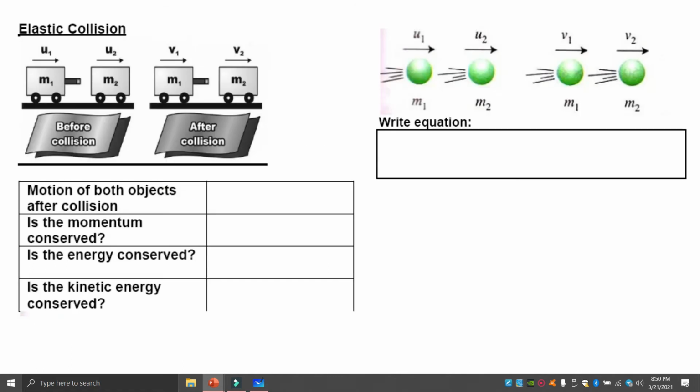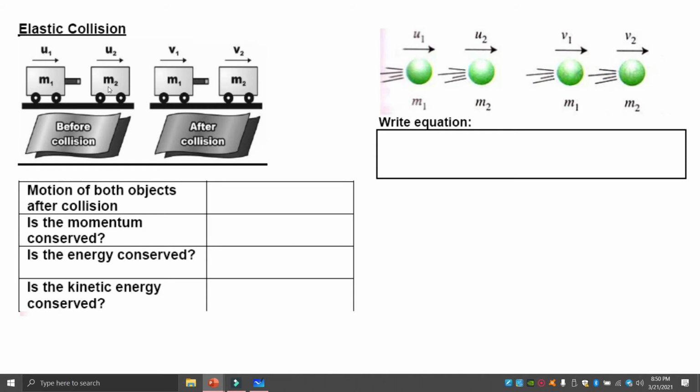Now is the important part, the collision. There are two types of collision. The first one is elastic, and the other one is inelastic. For elastic, what is the meaning of elastic? Let's say you have two objects, M1 and M2.